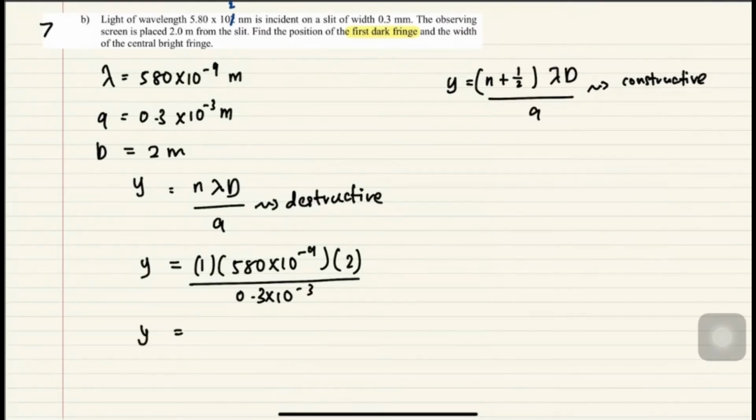So this one you get 3.87 times 10 to the negative 3.